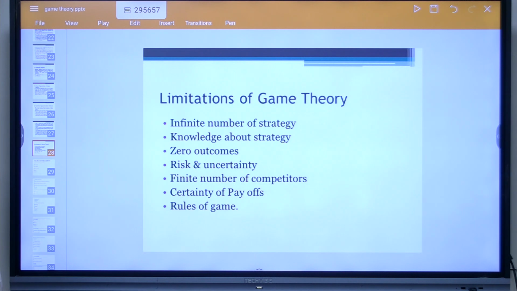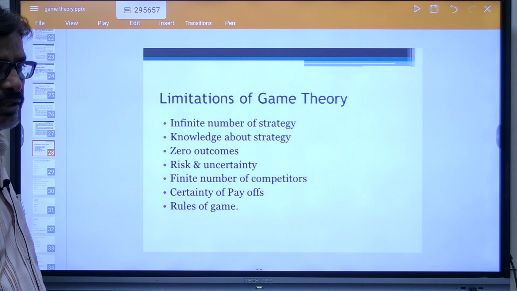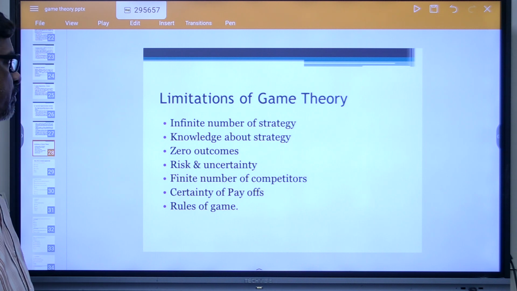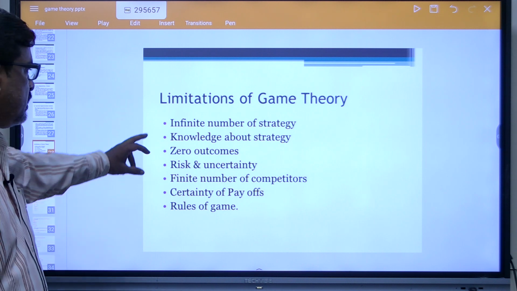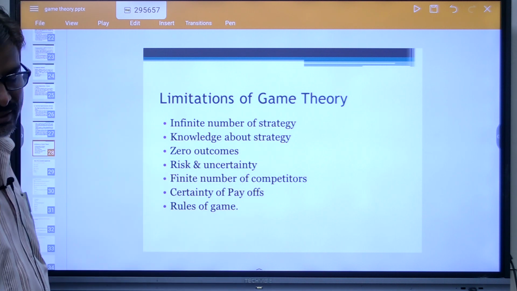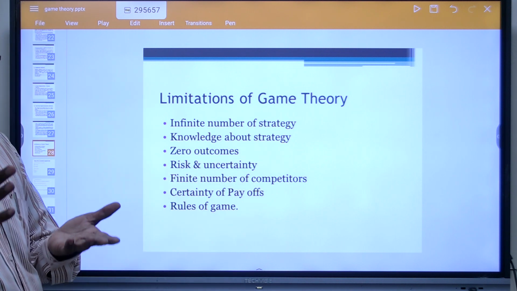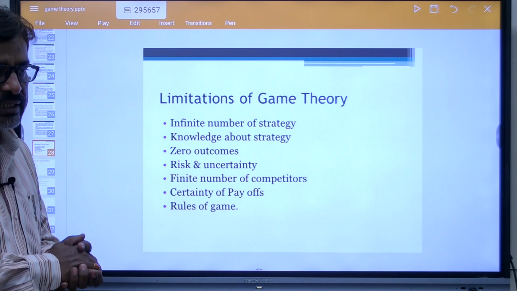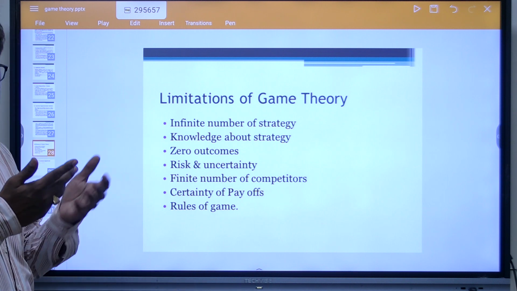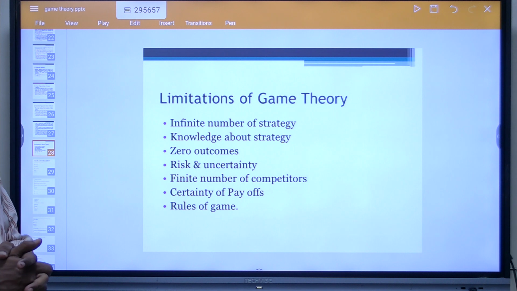And finally, we come up with the limitations of the game theory. We will not apply our theory of games over an infinite number of strategies. We have to reduce the strategies to some finite values only, 1, 2, 3, 4, 5, that is all, because it is more complex if we have an infinite number of strategies.